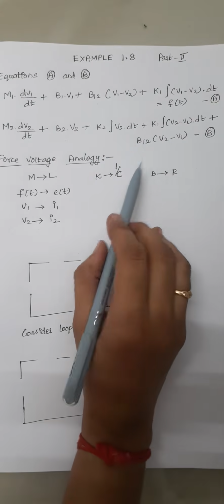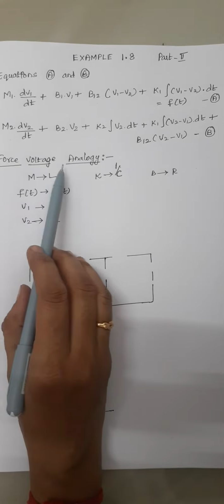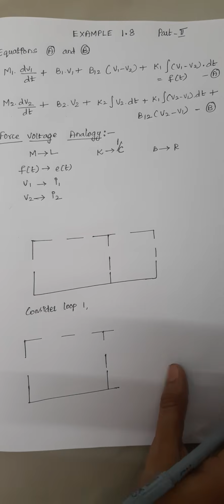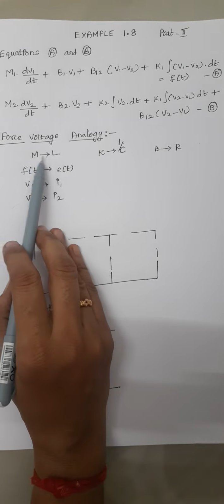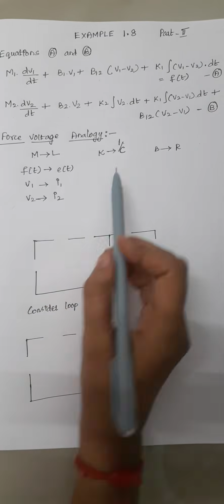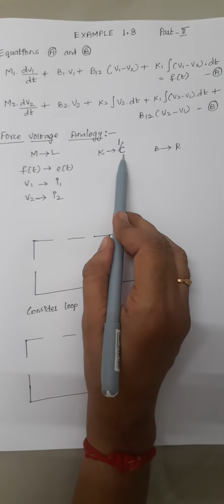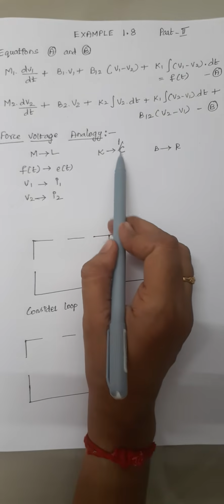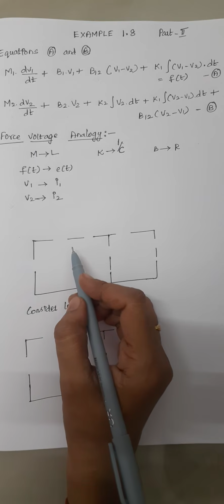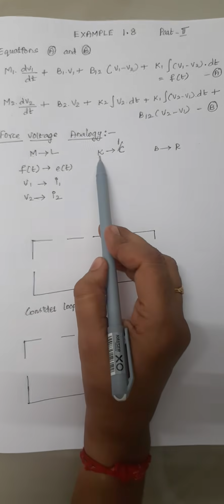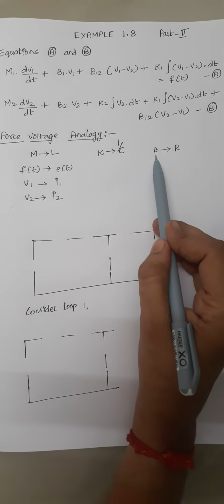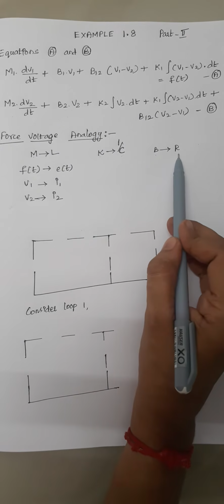In our force voltage analogy, as we had seen previously, M will be represented as an inductor, that is, M gets modified as L, and K will be represented as a capacitor. Here I am writing it as 1 by C because we will write the expression in the form of 1 by C. So K gets converted into a capacitor, and the dashpot B gets converted into a resistor.